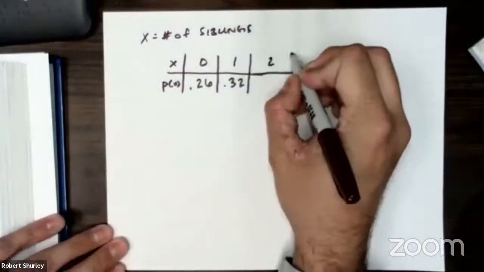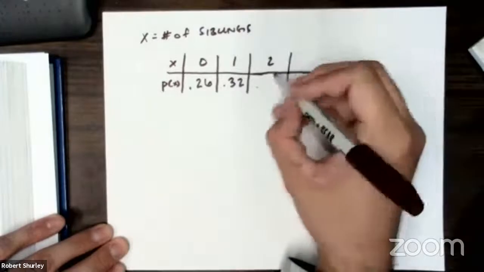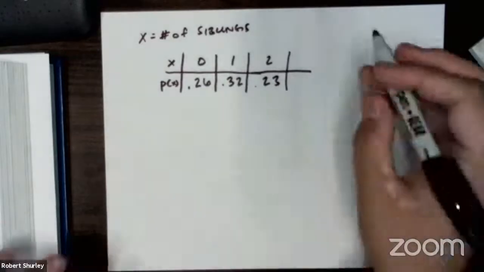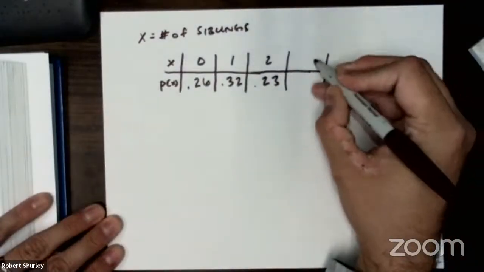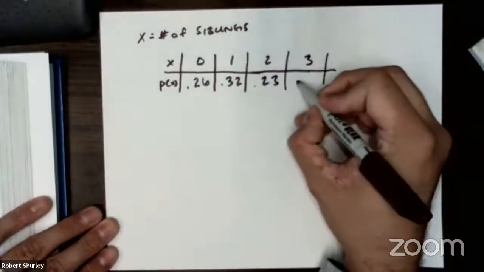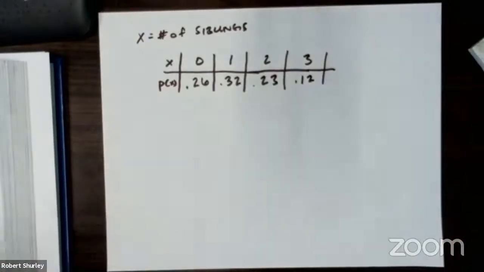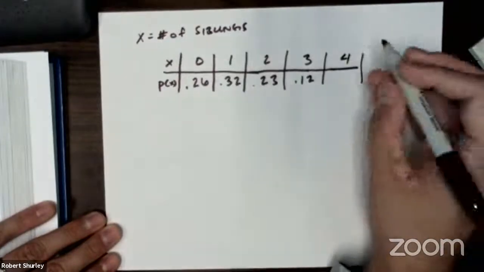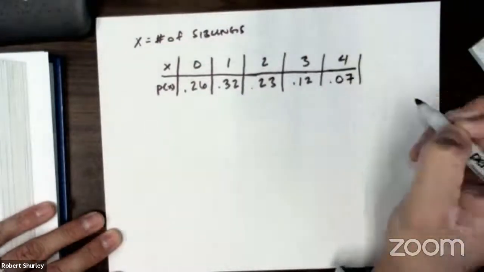Two siblings happened 0.23, so 23% of the time. Three siblings happened 0.12, so 12% of the time. And then four siblings, no one had more than four. So four siblings happened 0.07 of the time.